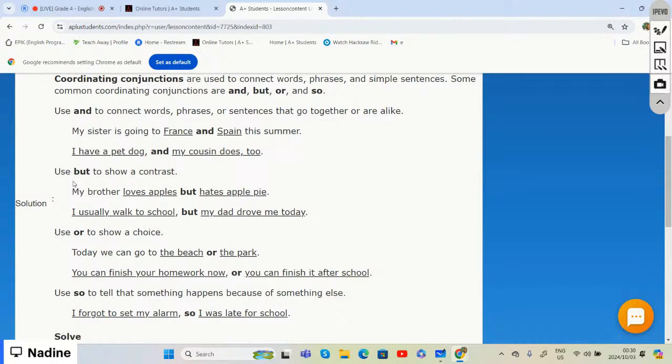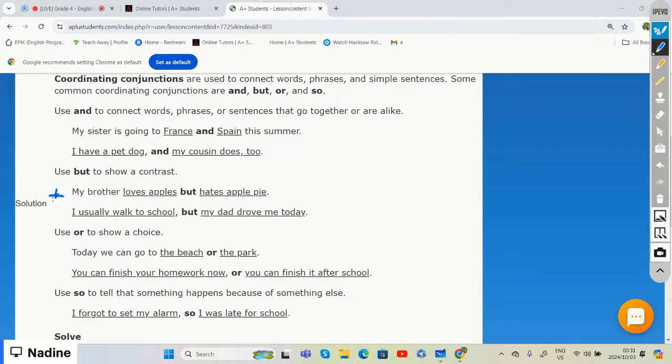We said we have but, and but shows a contrast. If we look at an example of how we can use the coordinating conjunction but, it says, my brother loves apples, but he hates apple pie.